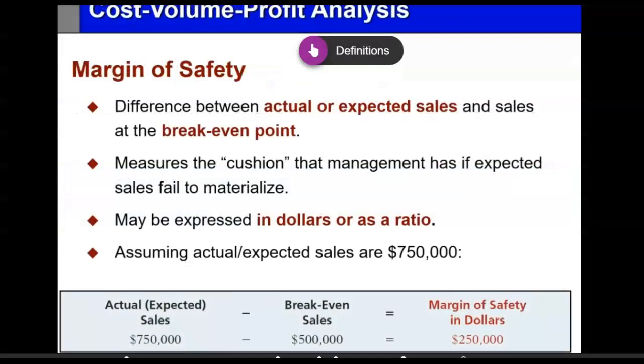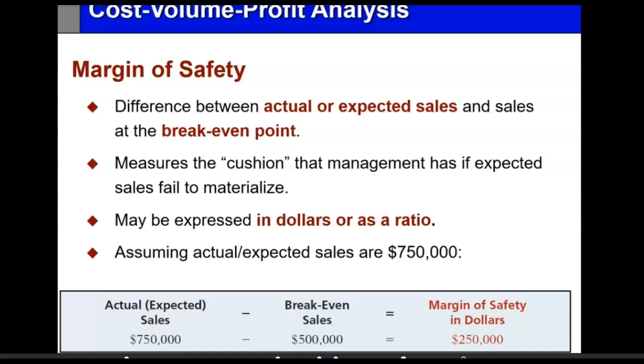Now, a final concept here is called the margin of safety. That is the difference between what a company is actually selling, or expects to sell, and what they need to sell in order to break even. That is, how many units more than they need to break even are they actually selling?